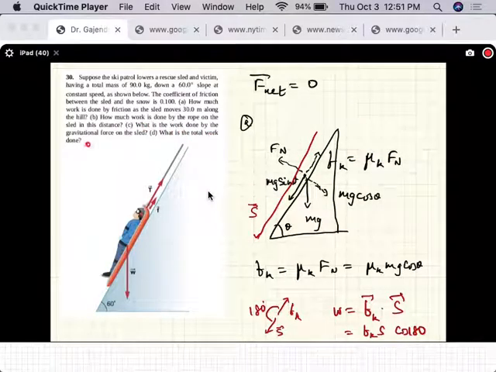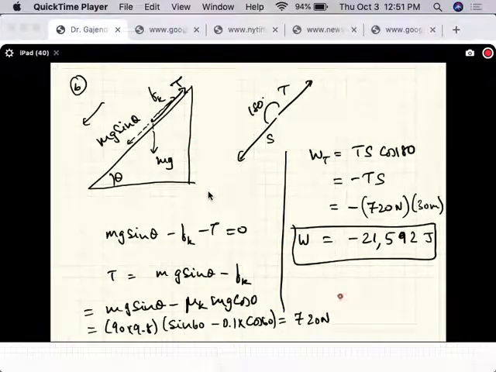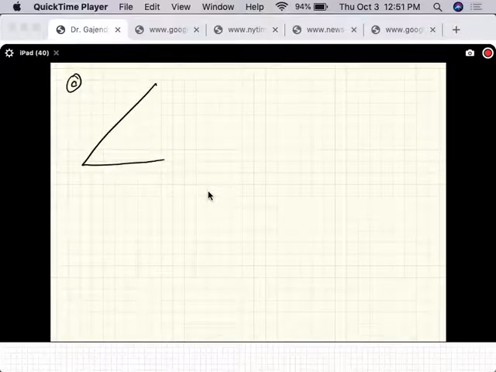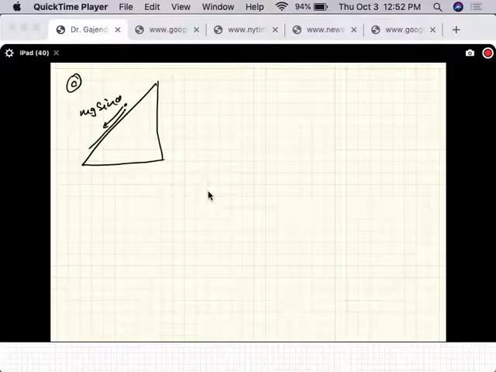What is the work done by the gravitational force on the sled? Okay, so let's find the work done by gravity. And there is mg sine theta s. Work done by gravity is, okay, the gravitational force mg.